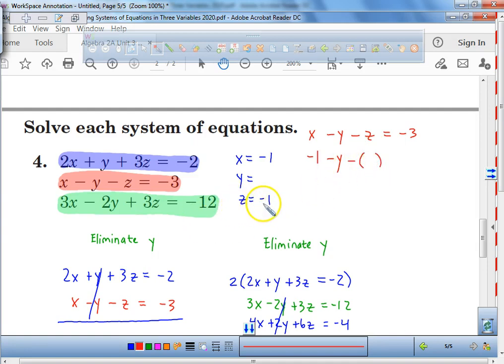What number am I plugging in for z? -1, equals -3. So I got -1 minus y plus 1 equals -3. I got a -1 and a 1. Those cancel out. You're left with -y equals -3. What does y equal?